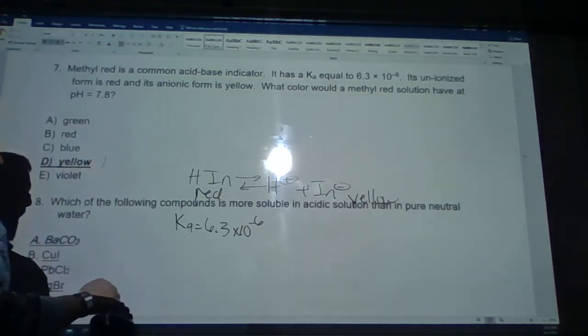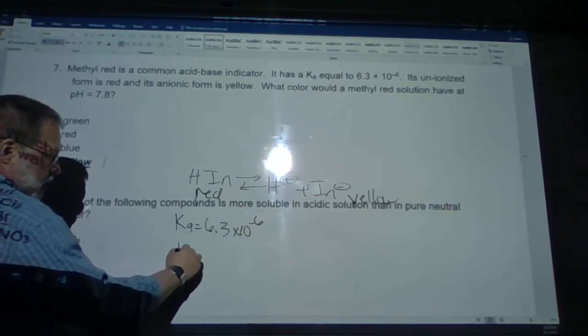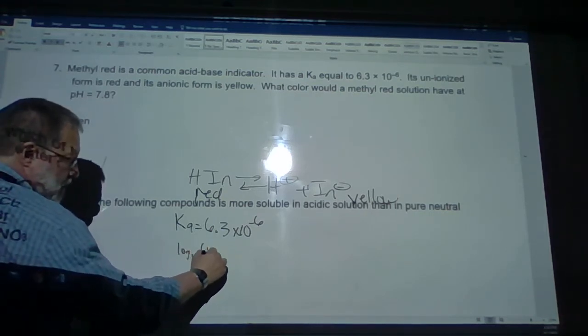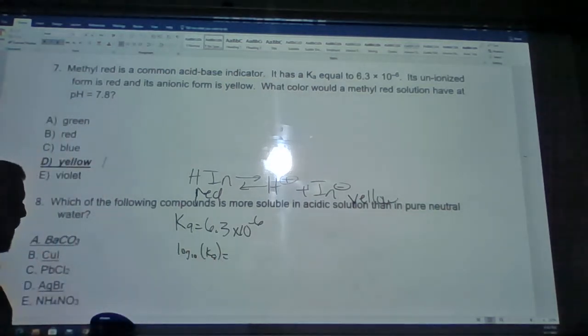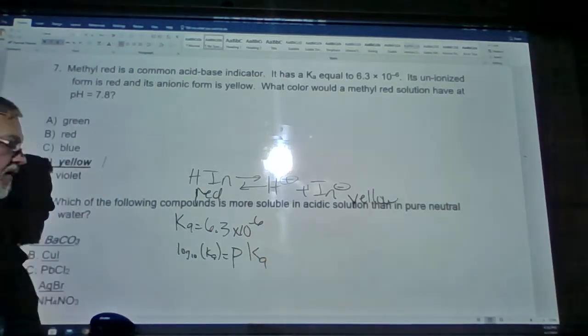If we take the log base 10 of the Ka value, we can get a value called pKa.